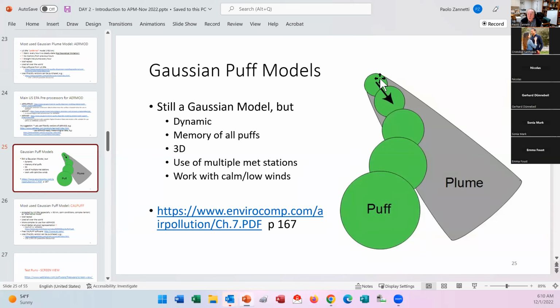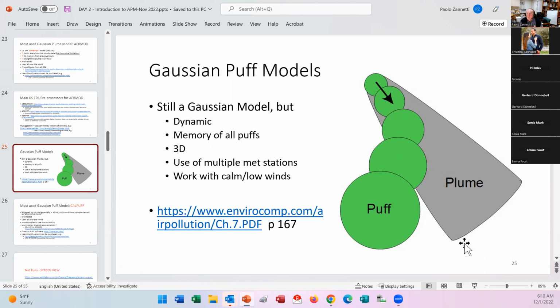Now we are able to incorporate the change of wind direction with time, every 5 minutes, for example, if we have the data. And we are able to deal with conditions like calm and low wind that are not simulated correctly by the Gaussian plume model.